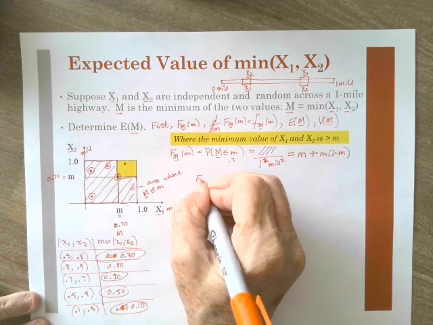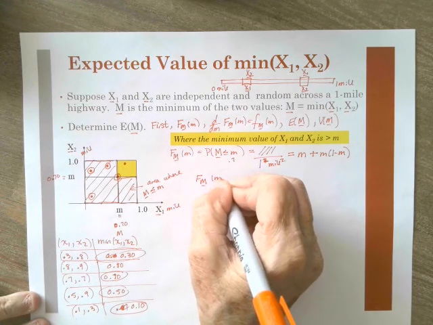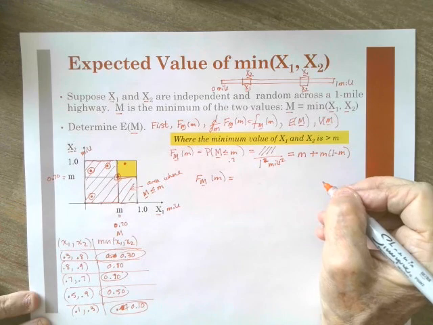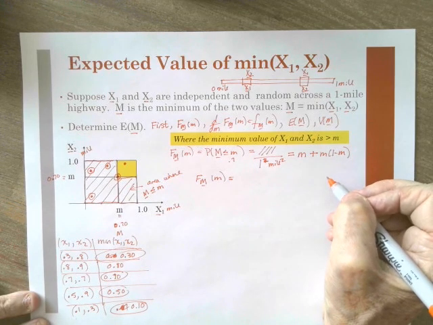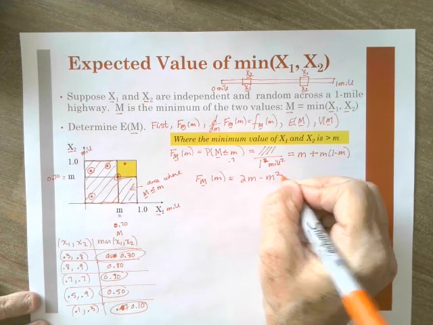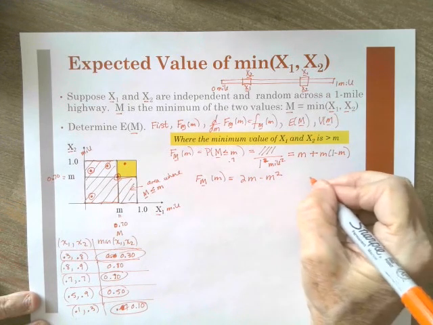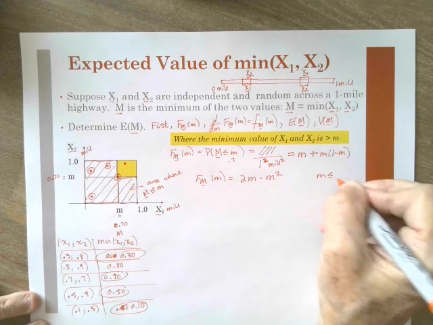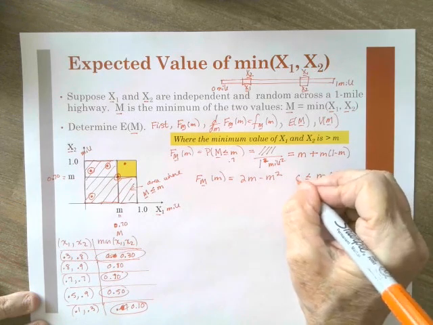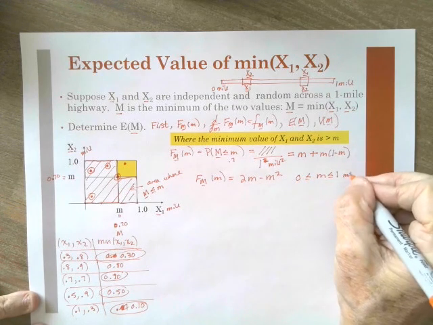And so this is the functional part of my CDF: if I gather all of my terms here, I'm going to have 2m minus m squared, and that is good for m between 0 and 1 miles.